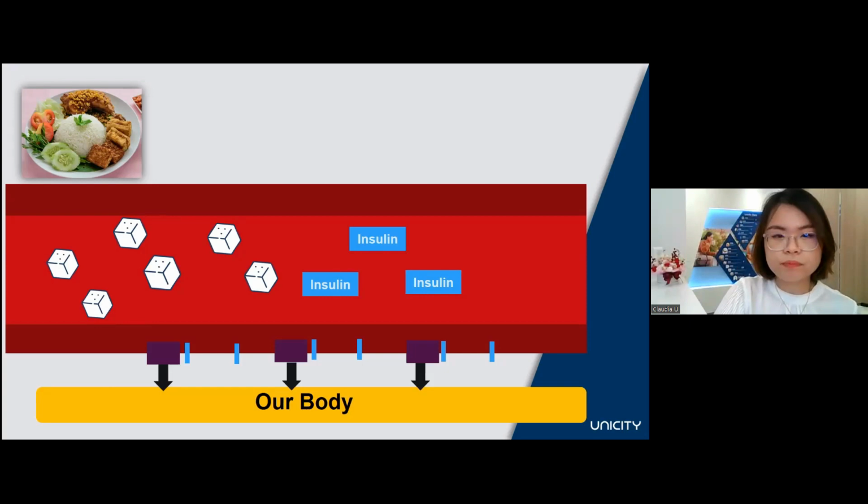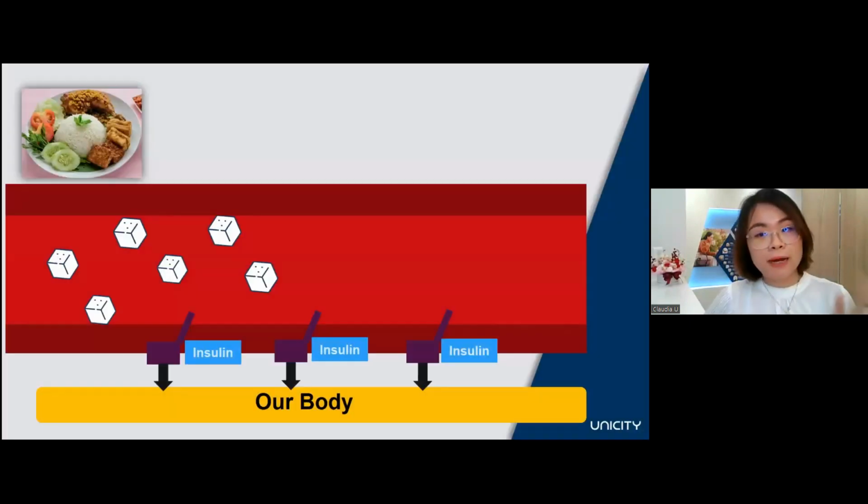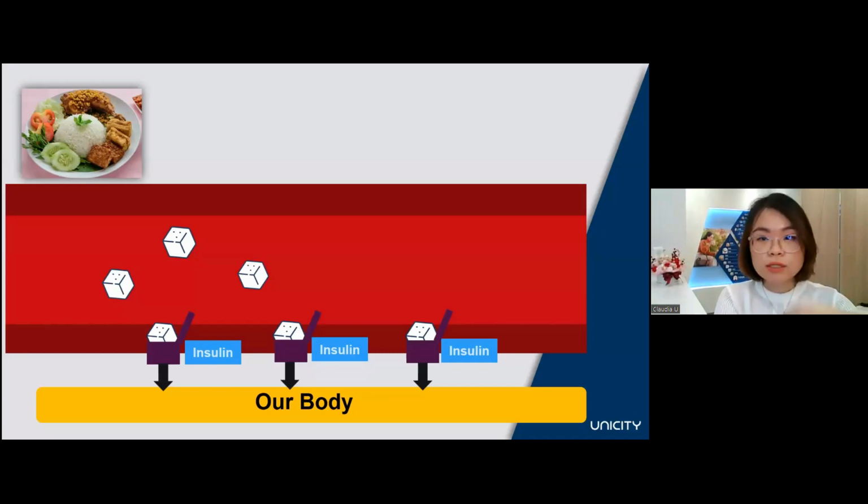Insulin has to bind to the receptor. Every single cell in our body has a receptor site on top of it. So insulin has to lock on this blue part, as you see, in order for the channel to be open. When the door is open, this is where your sugar molecule can then go into this channel and be absorbed into the body.